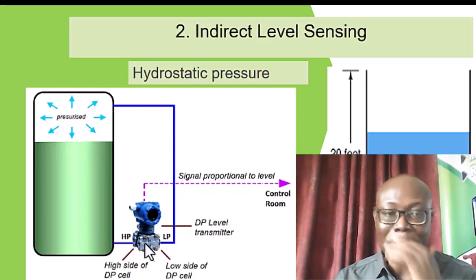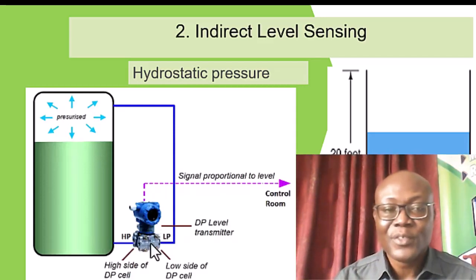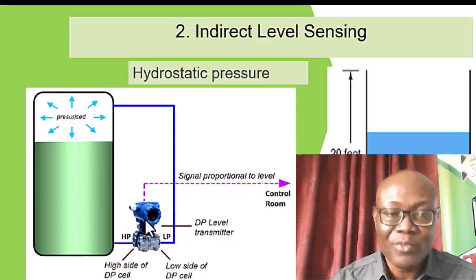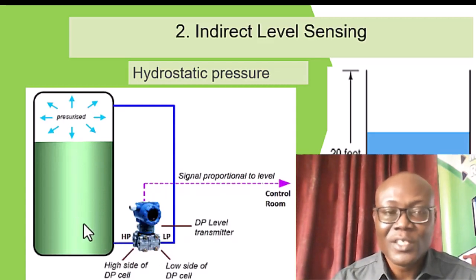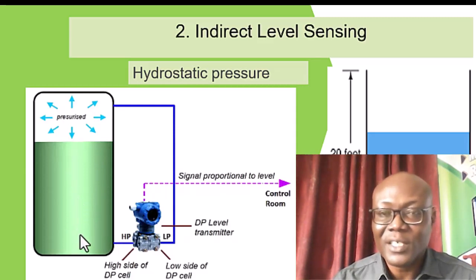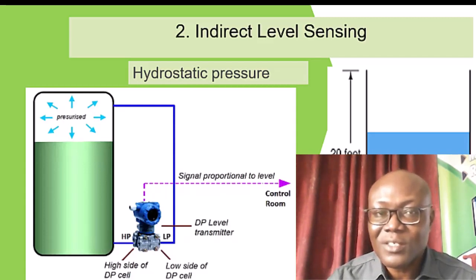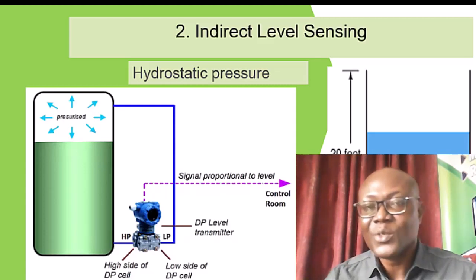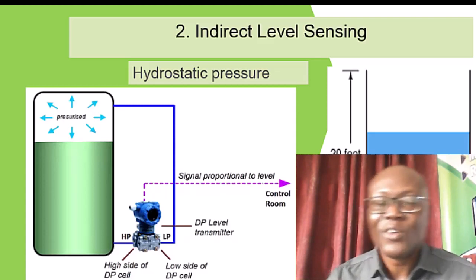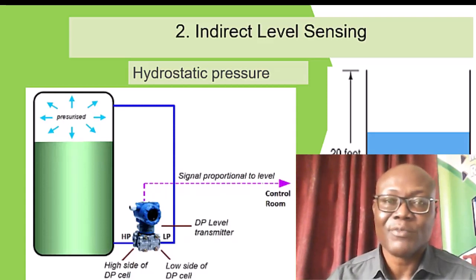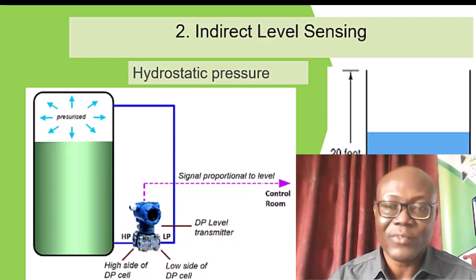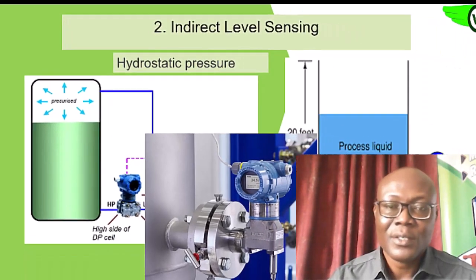So the signal that will be given off will be dependent on the level or height of the liquid in the vessel. So that is the indirect sensing. That is, we are using pressure to infer the level of the fluid in our vessel or in our process.